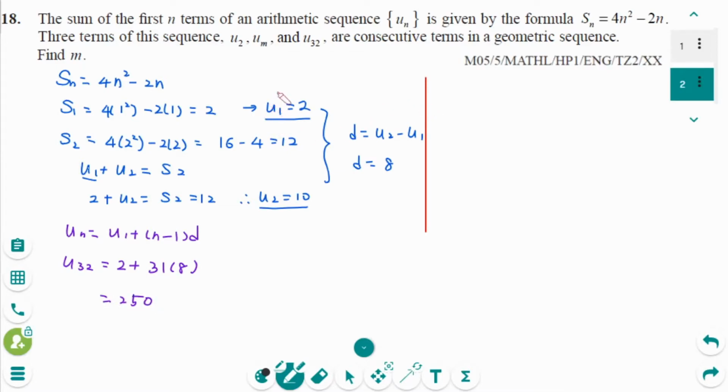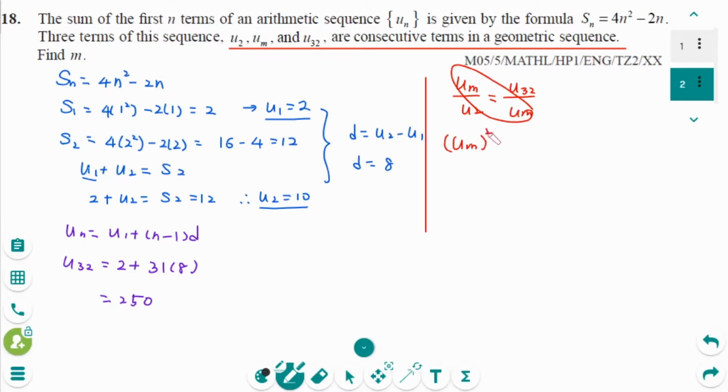Three terms of this sequence, U2, Um, and U32 are consecutive terms in a geometric sequence. So Um over U2 equals U32 over Um. Then cross multiply. Um squared equals U2 times U32.